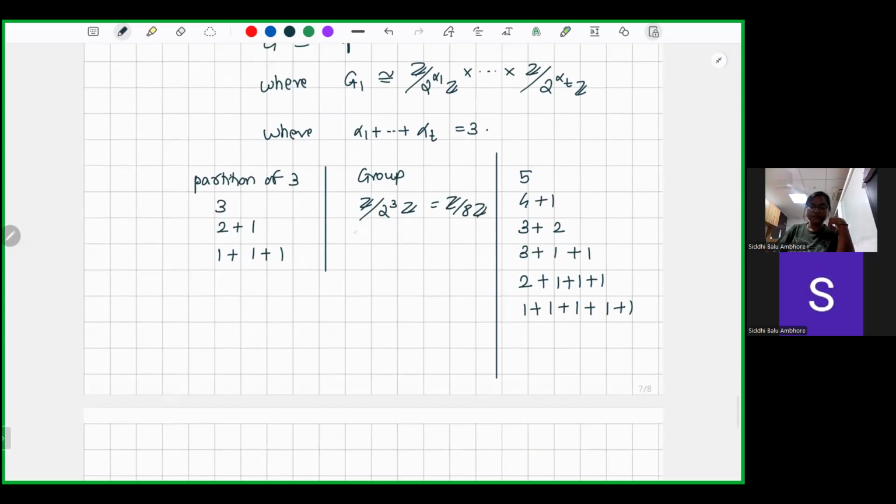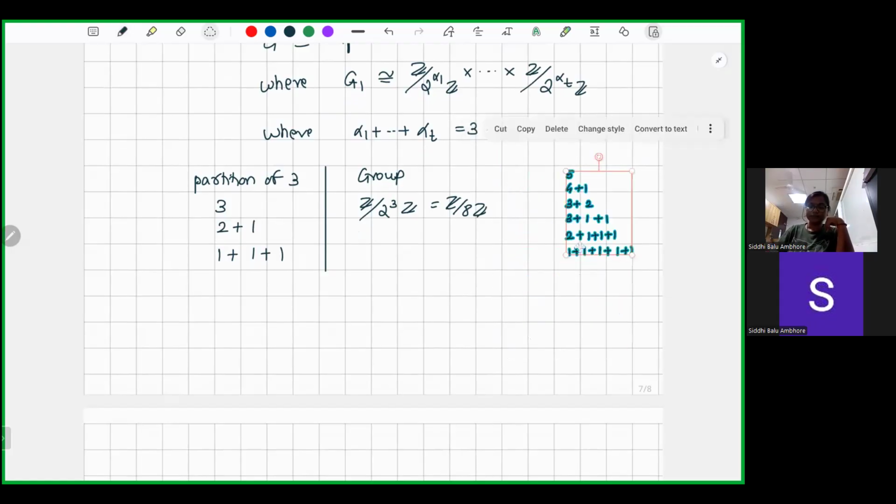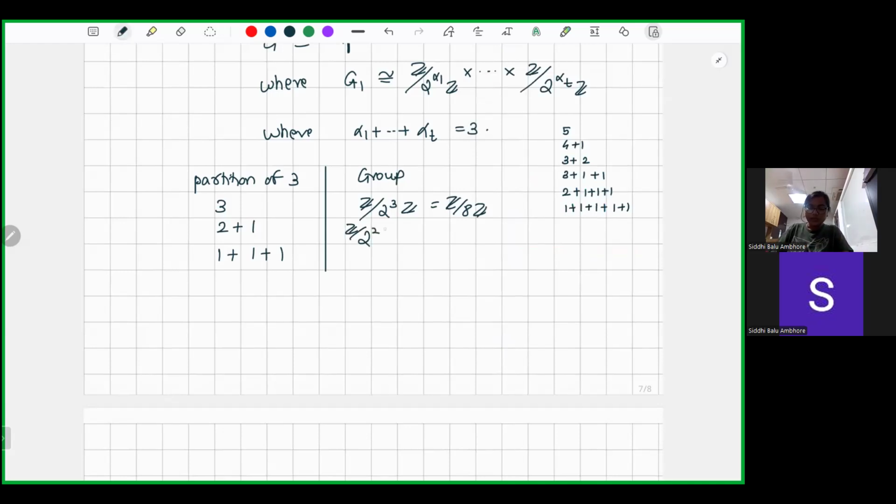The second group is Z mod 2 square Z cross Z mod 2Z. So this is Z mod 4Z cross Z mod 2Z.